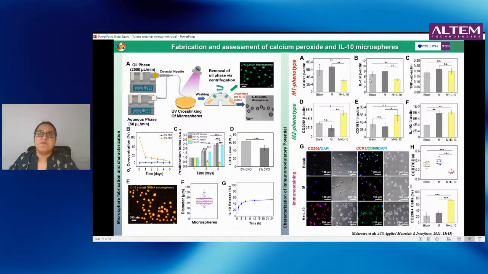So if we are trying to put a patch there, that patch might not be able to survive because of the inflammatory molecules or the inflammatory cells. In that case, we can modulate those cells to be anti-inflammatory, which is the M2 phenotype of the macrophages that we have tried here. So using these microspheres, we could actually modulate these macrophages, and we could get immunomodulation properties.